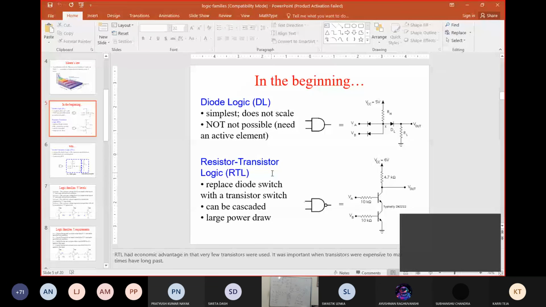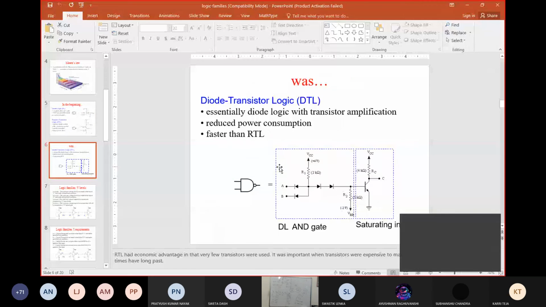Based on the development of semiconductor devices, digital logics also have improved. Now, if you go to the next level, again there is a mixture. You have a diode and a transistor together. That becomes the next logic, diode transistor logic. The same AND gate can be developed using a diode plus transistor and some resistors.